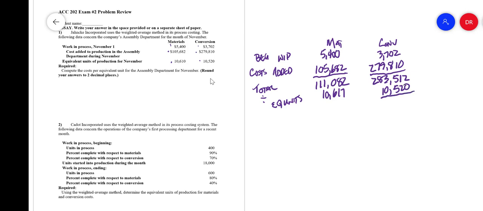We wind up then with a cost per equivalent unit of $10.47 for materials and $26.95 for conversion. This is a good example of a problem you could probably expect to see something like it from chapter 4.